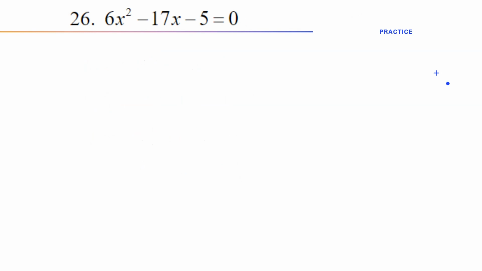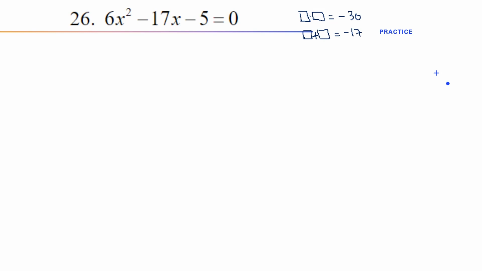Okay, number 26 is similar. It looks similar, right? But the thing is, in the previous questions, we had two numbers that multiply to positive 30. Now this one is negative 30. And then two numbers add up to negative 17. So it looks impossible to find those two numbers.